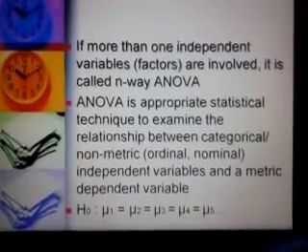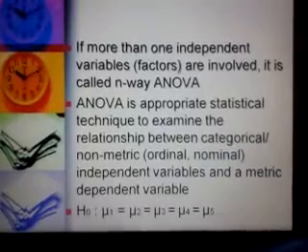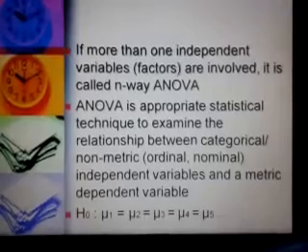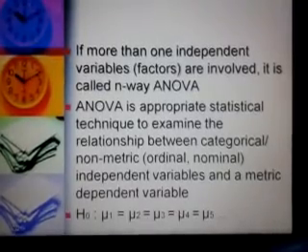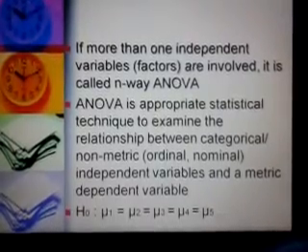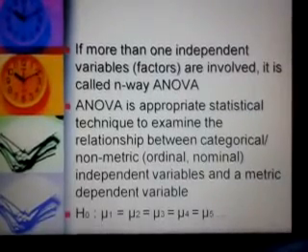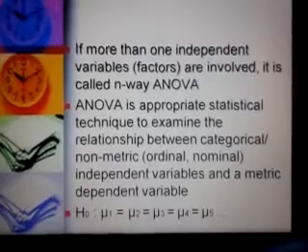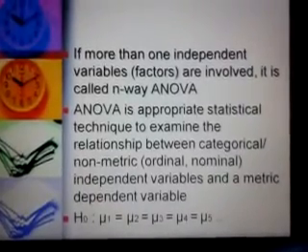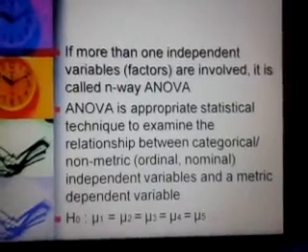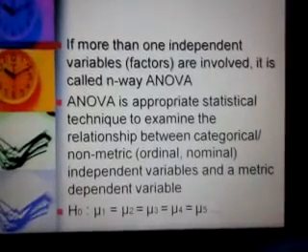We are taking two independent variables in this case, that is why it is called two-way ANOVA. One independent variable is promotion, which has three categories: low, high and medium, and another independent variable is coupon, either yes or no, and then we are examining the impact of these two independent variables on sales.